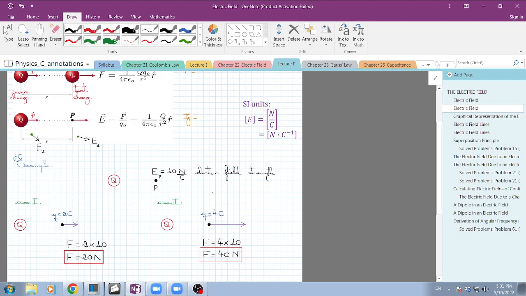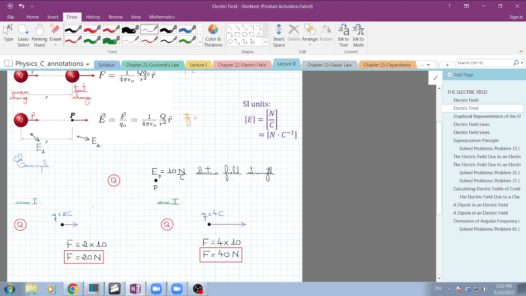For example, let's think that you have this arbitrary charge Q, and this charge is generating an electric field with a strength of 10 Newton per coulomb at a certain point of space.